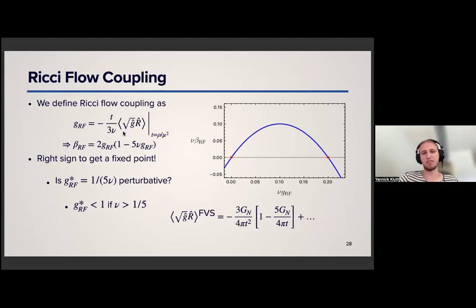So we would get rid of this factor of 3/4, and at leading order we have just gn over pi still here. And this value of nu, 1/4, is indeed bigger than 1/5. Therefore, with what we have here, we could say that it looks perturbative. But of course, it is still a bit speculative to conclude this here.